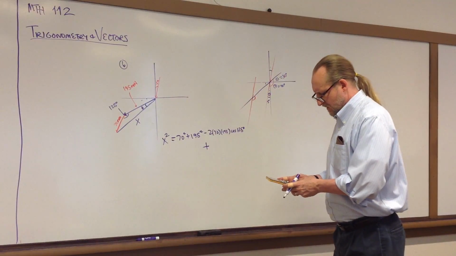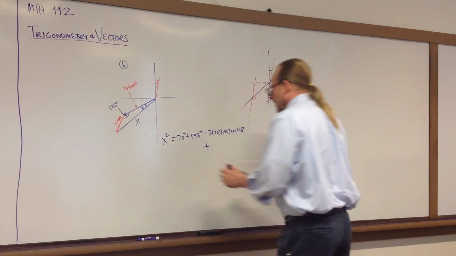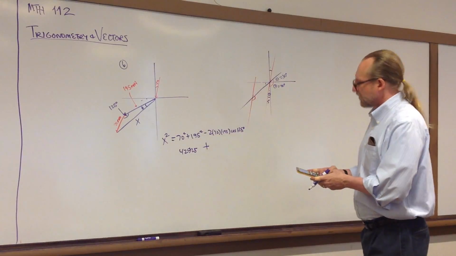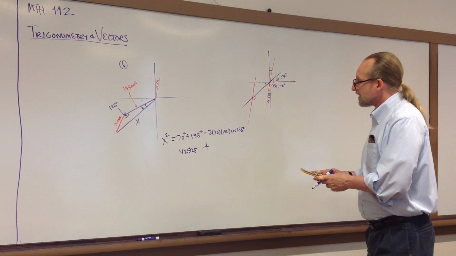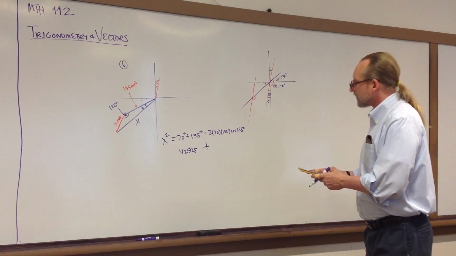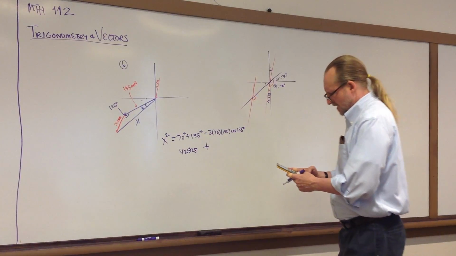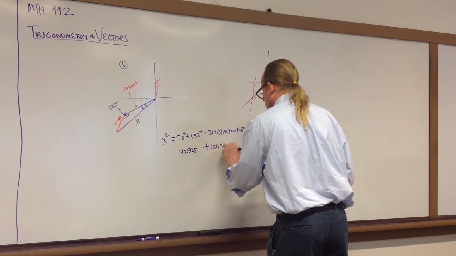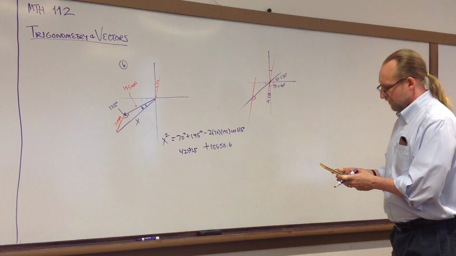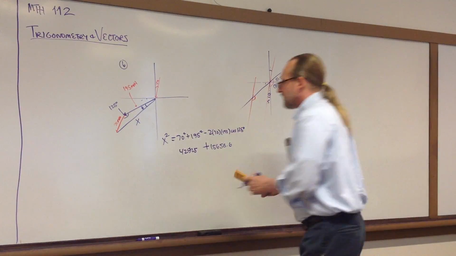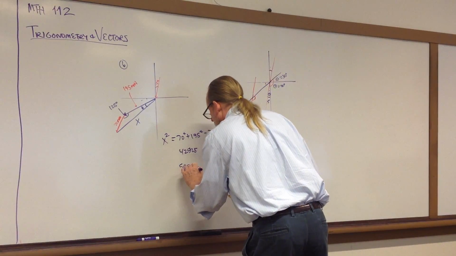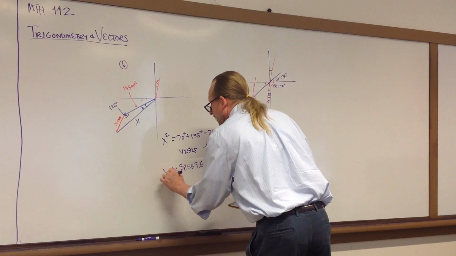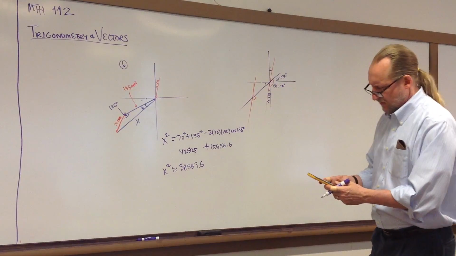So 70 squared and 195 squared make 42,925. And then the second piece, 2 times 70 times 195 times the cosine of 125 degrees, is 15,658.6, let's say. Add that on to the 42,925, 58,583.6 for x squared, and let's square root it.